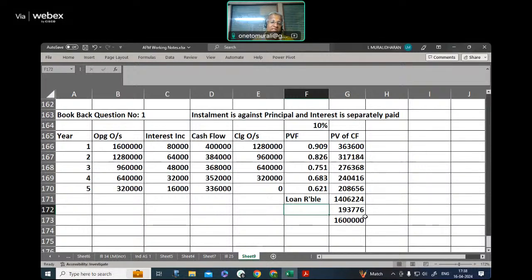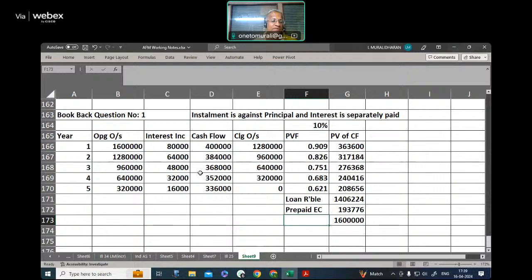So whether this can be knocked off in one stroke, the answer is no. Since you want them to continue in your employment for a period of 5 years, this amount can be taken up as prepaid employees cost, the balancing figure, and that has got to be amortized over the period.